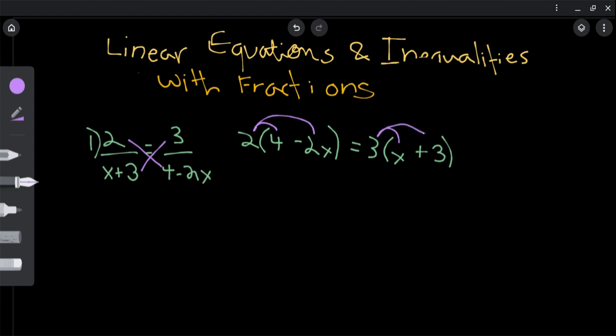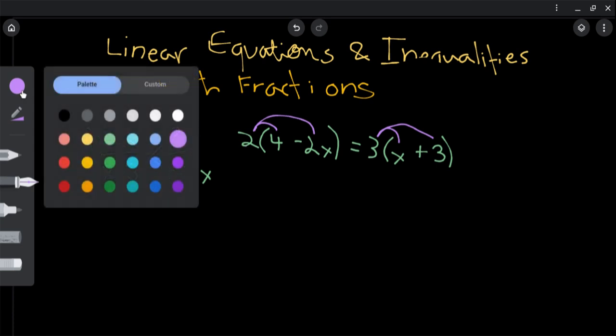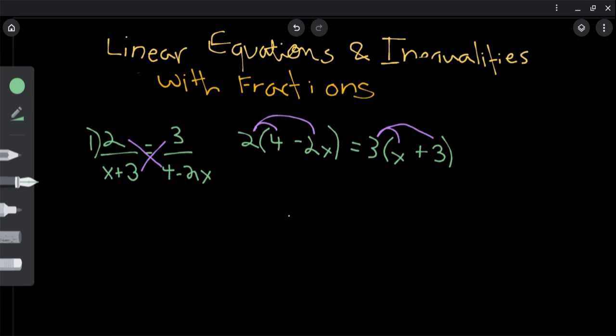Since 3 is outside of the brackets, we're going to do x multiplied by 3 and 3 multiplied by 3. And over here, we're going to do 4 multiplied by 2 and 2 multiplied by 2. Remember if the value is negative or positive. That's important because it can change your answer completely. So you want to remember.